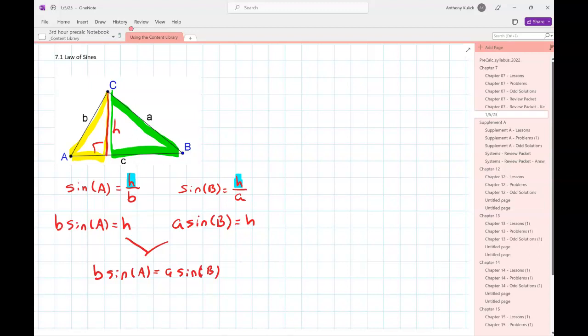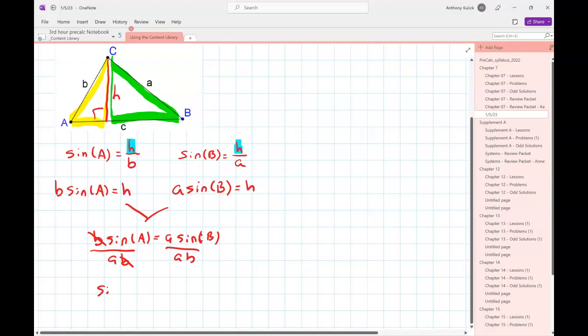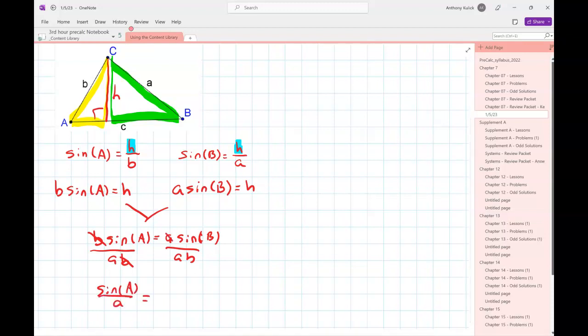And if I divide both sides by AB, over here the b's would cancel, leaving me with sine A over A, and over there the A's would cancel, leaving me with sine B over B. Everybody's okay with that?